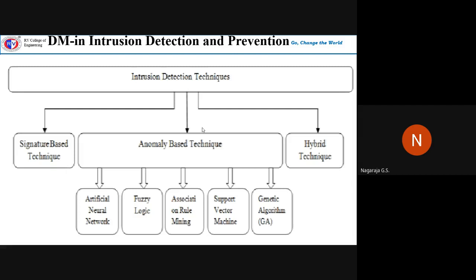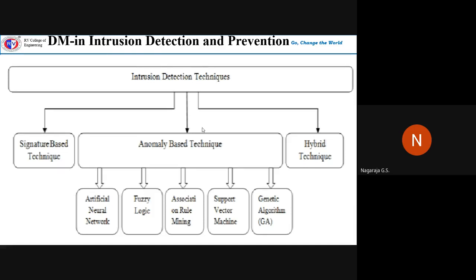Not only these five, you can also look at any other machine learning algorithms in case of an anomaly based technique. All of you can take this as one of the minor projects during your second semester, and work on a data mining intrusion detection and prevention system to showcase your results.